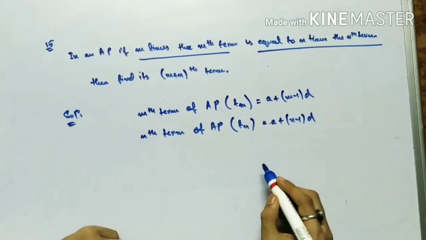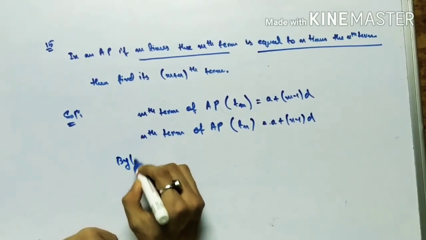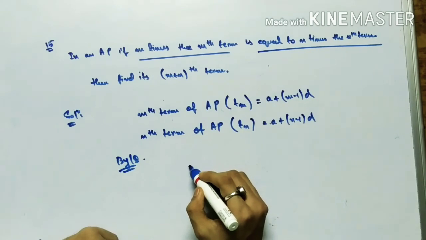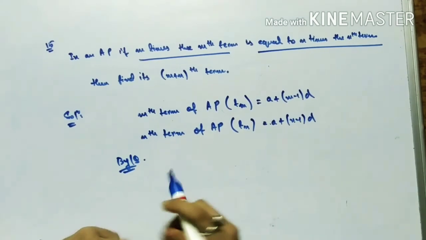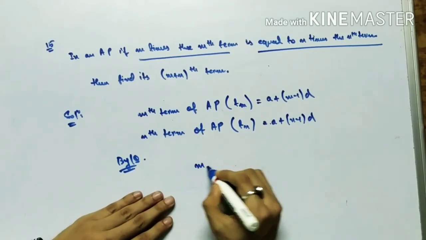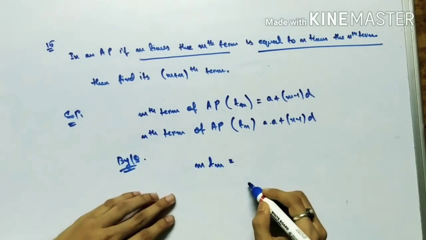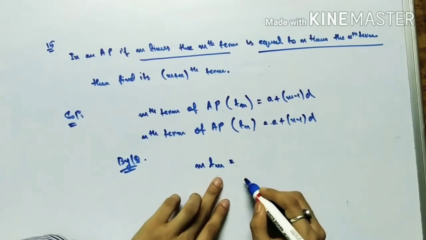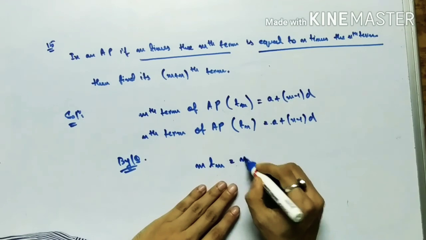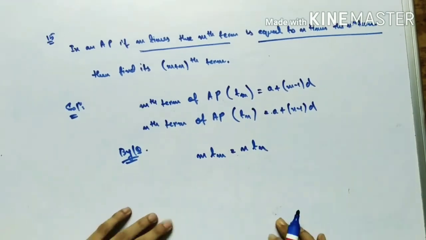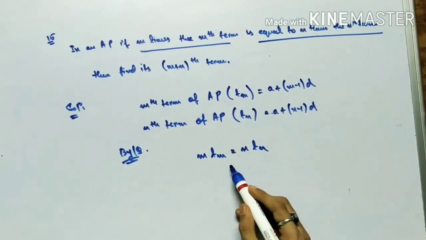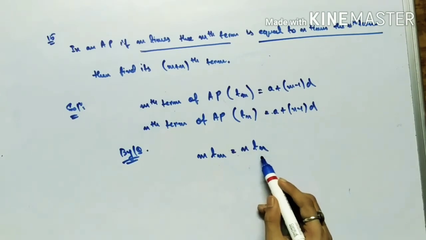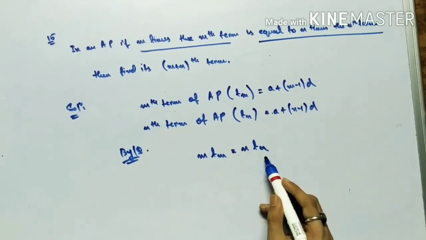Now what is given by the question is that m times the mth term, that means m Tm, is equal to n times the nth term.